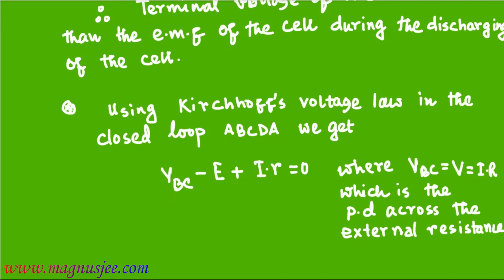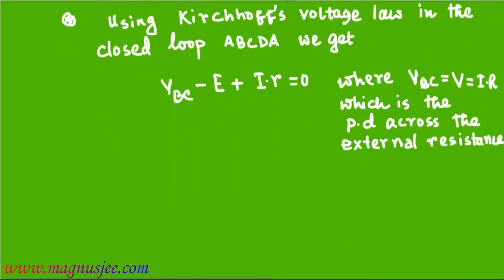Now in place of VBC we can write V in this equation. Therefore V equal E minus I dot r.